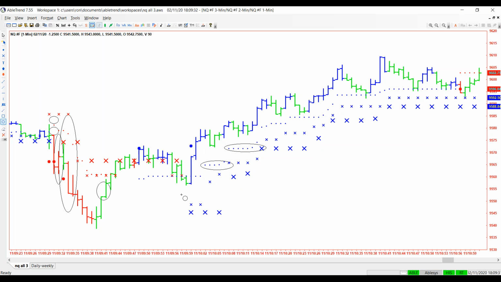So we got a perfect no trade zone here, and there's your classic, perfect, textbook triple confirmation buy signal. I also like that the bar closes above the red resistance X's, which is the 3-minute chart. The small X is the 2-minute, the dot the 1 minute.